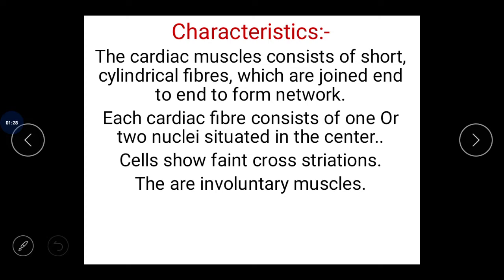But today we will go through another type of muscular tissue, which is called cardiac muscles. You know that these cardiac muscles consist of short cylindrical fibers which are joined end to end to form a network like this.